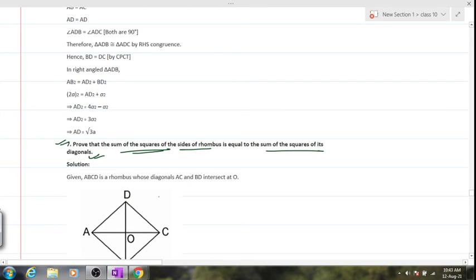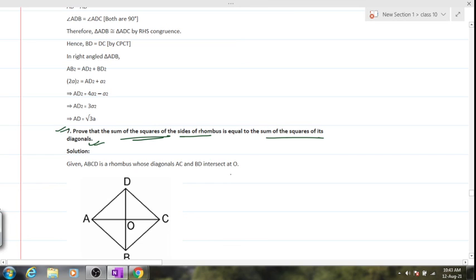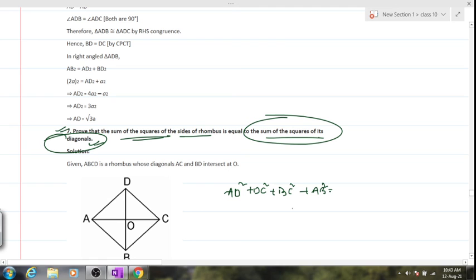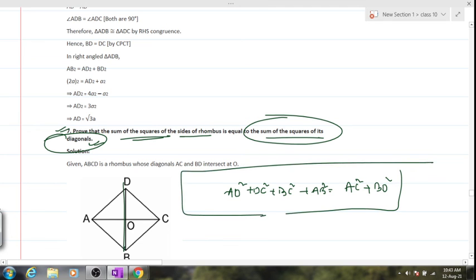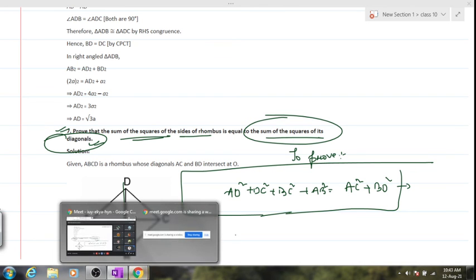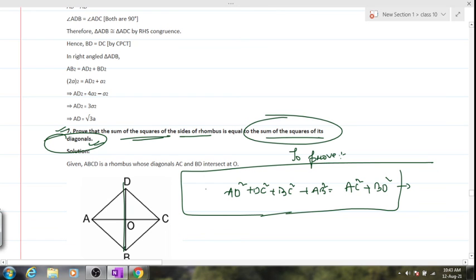That means if this is our rhombus, and you should know that in a rhombus all sides are equal, you have to prove that AD square plus DC square plus BC square plus AB square is equal to the sum of the squares of its diagonals. What are our diagonals? AC square plus BD square. Did everybody understand what is required to be proved? Yes or no? Confirm, class.